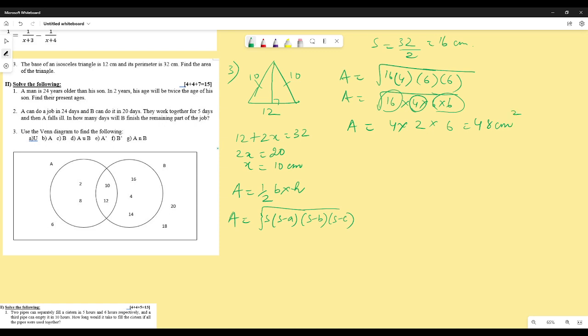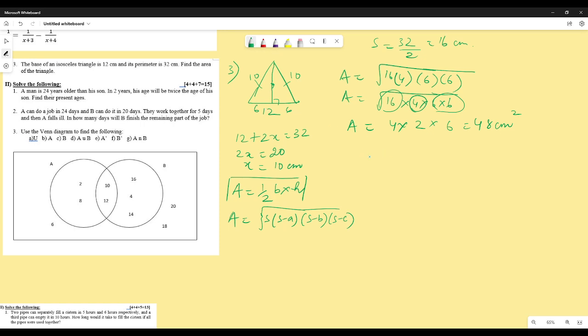Now if you are using the half base into height formula, then you need to find the height, right? This you will need to find out. We can find it by using the Pythagoras theorem. So this is the hypotenuse. Now remember that this base will be divided into 6 and 6 because it is an isosceles triangle.